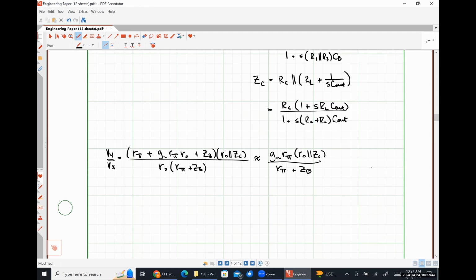And I'm going to go ahead and pull out that R naught in parallel with ZC so that we have GM R naught in parallel with ZC times the ratio of R pi over R pi plus ZB.